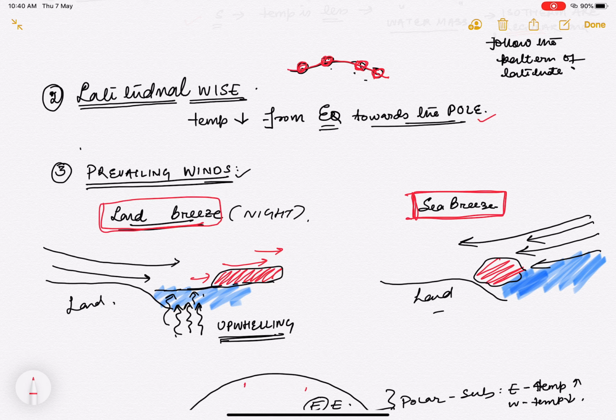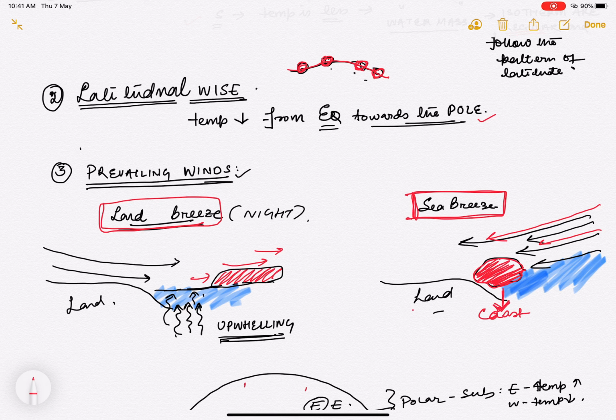Sea breeze flows when the water is cooler and the land is hotter. In this context, air blows from the sea towards your land. So what the wind does is that it accumulates the warm water in the coast. Warm water is accumulated in the coast.